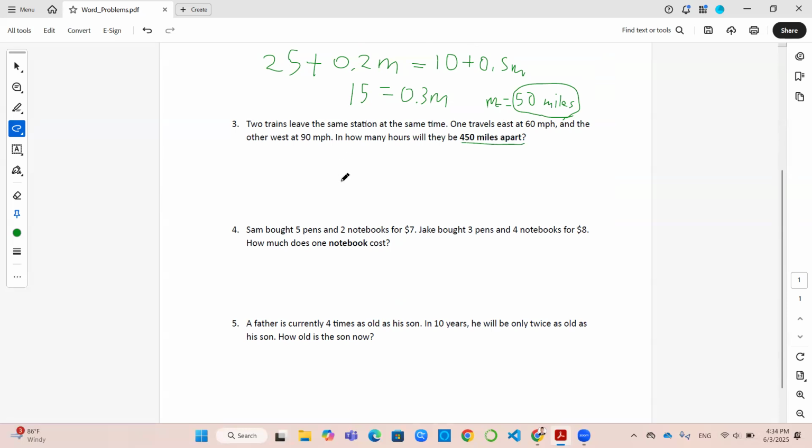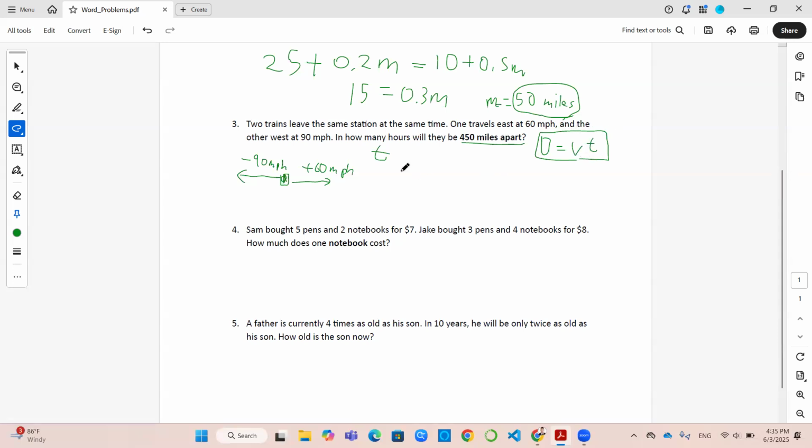To visualize this, let's say we have a train station here, and one travels east, so I'm going to say this as plus 60 miles per hour, and the other travels west, so minus 90 miles per hour. And we have a time. We know that distance is equal to the speed times the time, right? Please remember this.